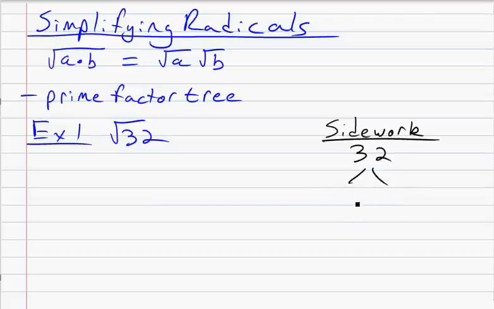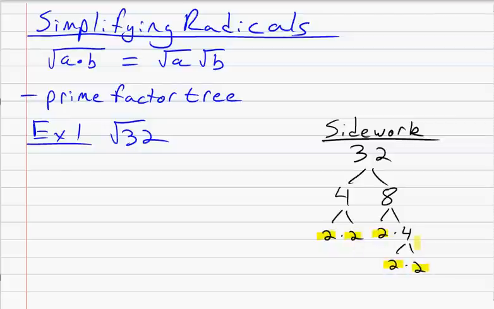I could do 2 times 16, I could do 4 times 8, but I should end up with the same result in the end. So I'll start with 4 times 8. And when you complete the factor tree, you should get down to all prime numbers. So 32 is equal to 2 times 2 times 2 times 2 times 2.